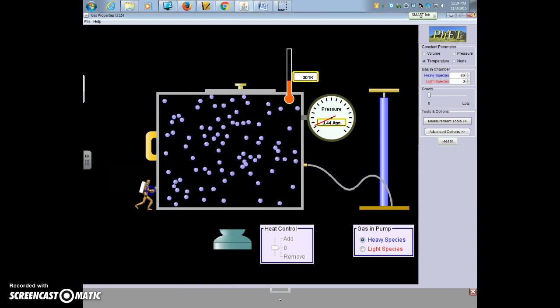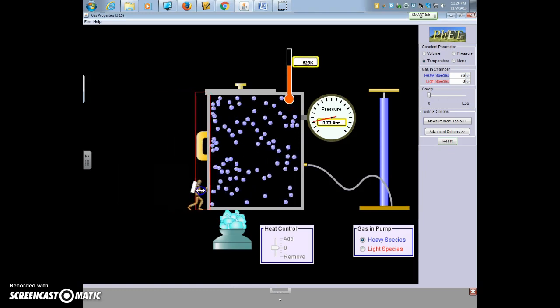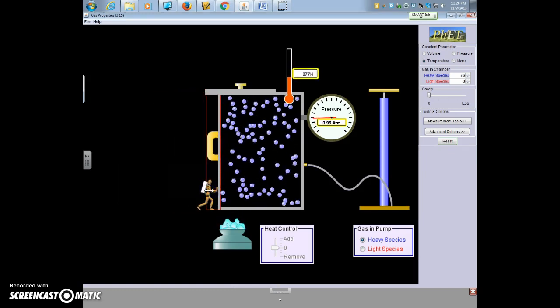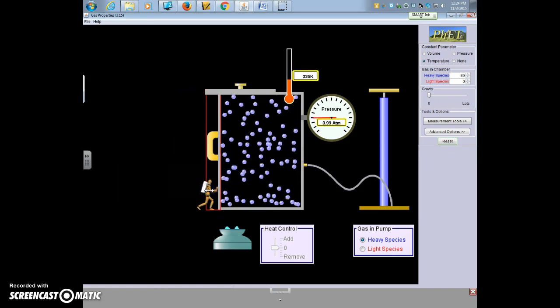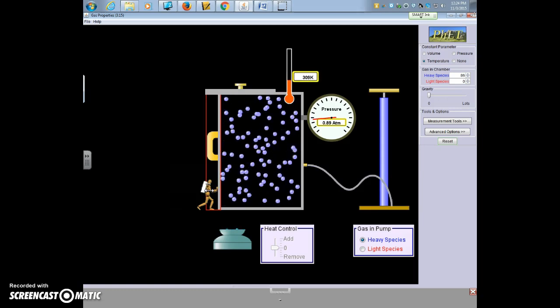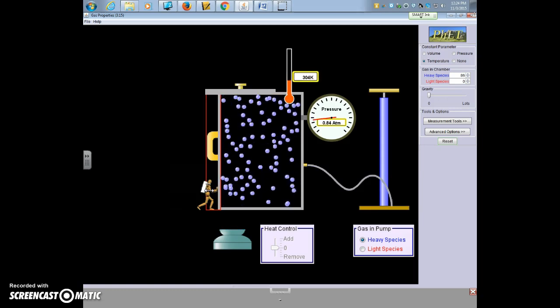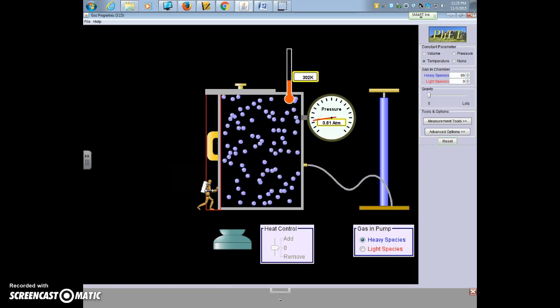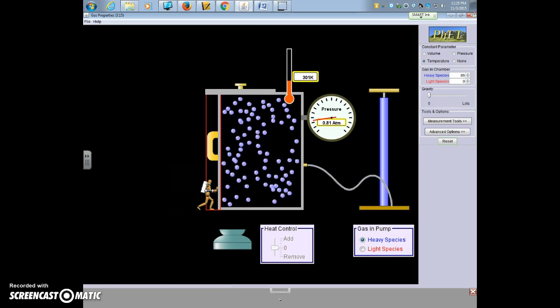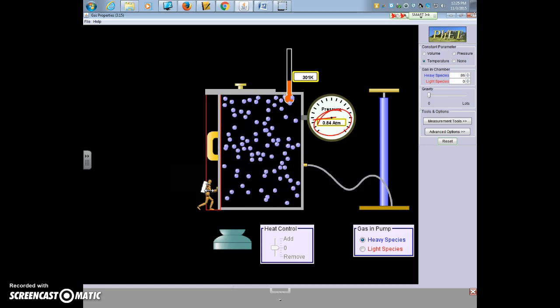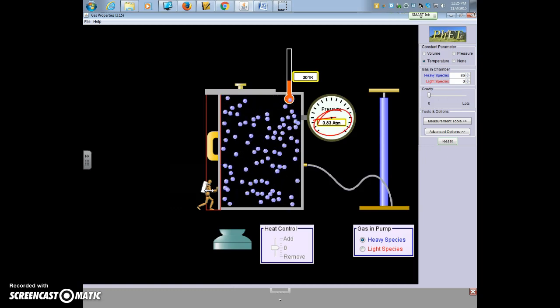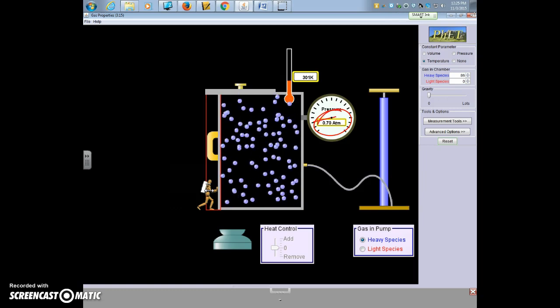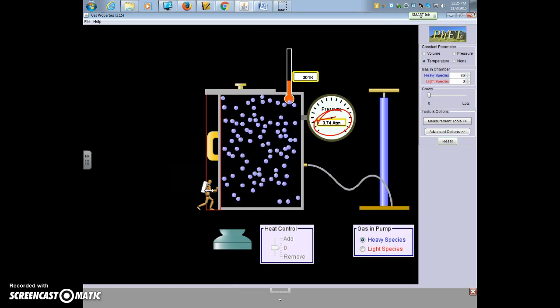If I take my volume and I make it much smaller, then those gas particles are hitting the walls of the container more, so the temperature restabilizes. And under constant temperature, my pressure has gone way up. Now it's at 0.80, and I'm looking right here on that pressure gauge. All right, so that is Boyle's law.